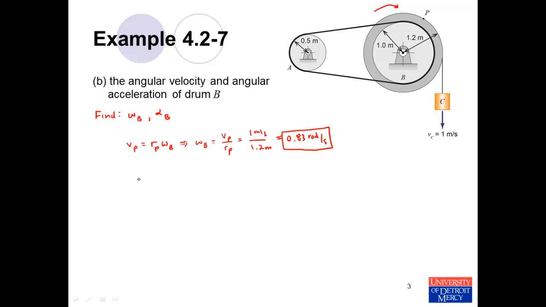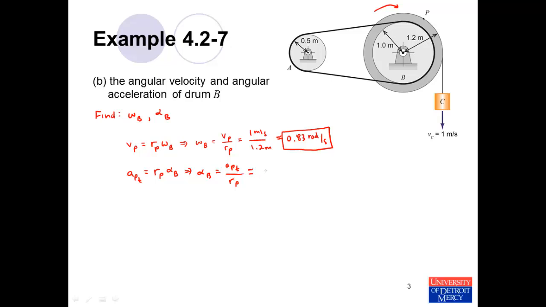Similarly, the tangential acceleration of point P is related to the angular acceleration of the body via the radius. And in order to solve for the angular acceleration, we can simply divide through by the radius again, since we know the tangential component of the acceleration of point P from the previous part of the problem. The angular acceleration is equal to the tangential component of the acceleration divided by the radius.